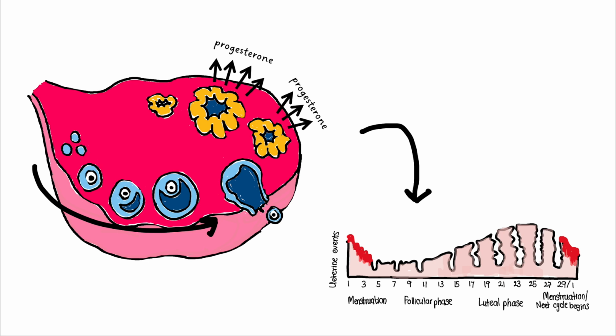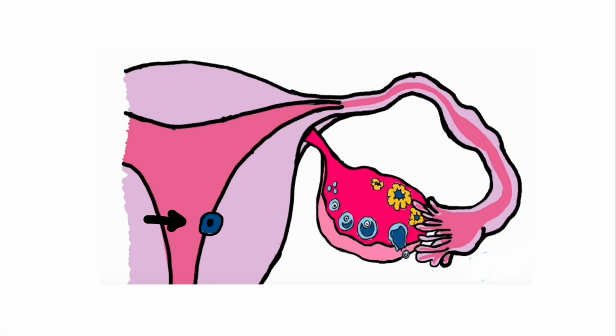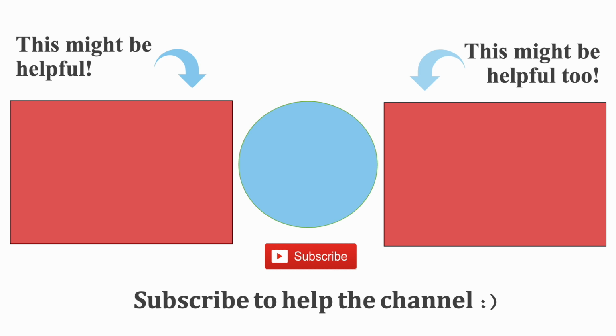The presence of the corpus luteum and its hormone secretion maintains the hormonal environment necessary to sustain a potential pregnancy. If fertilization and implantation occur, the developing embryo secretes human chorionic gonadotropin hormone, which supports the continued function of the corpus luteum. And that's it for this video.